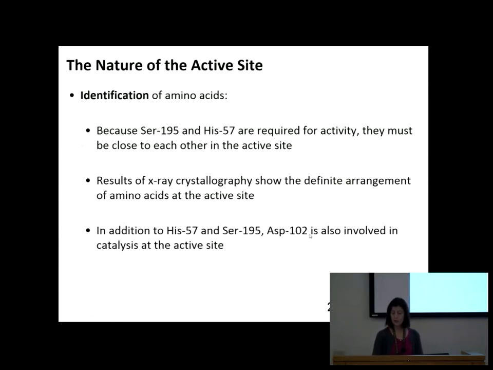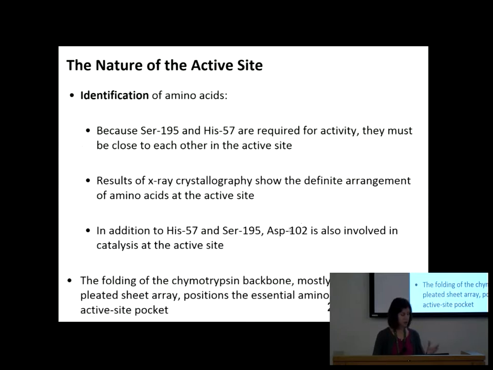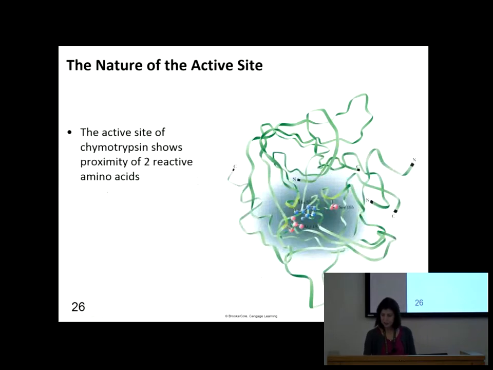I'm not going to go over this, but there is another aspartate that is also involved in the catalysis. And so chymotrypsin must be folded so that these three are close together. And we have an active site. We sometimes say pocket. So here, the two that are really important are the histidine 57 and the serine 195.